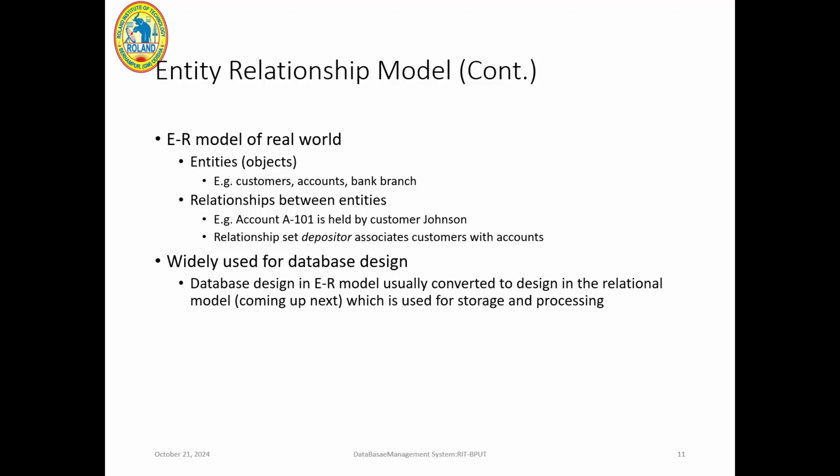It is held by a particular customer, say Johnson, and the relationship called depositor associates the customer with the account. That means this is the account of this particular customer Johnson, and this customer has an account there and is depositing some money, right?